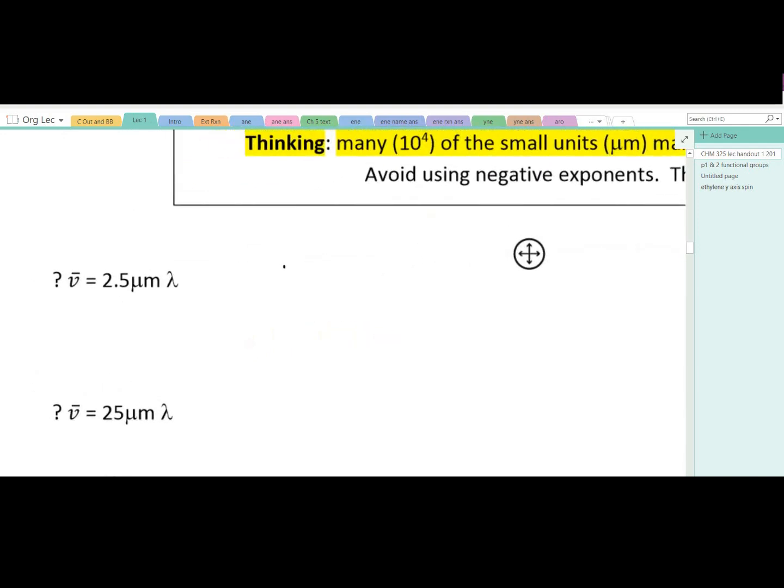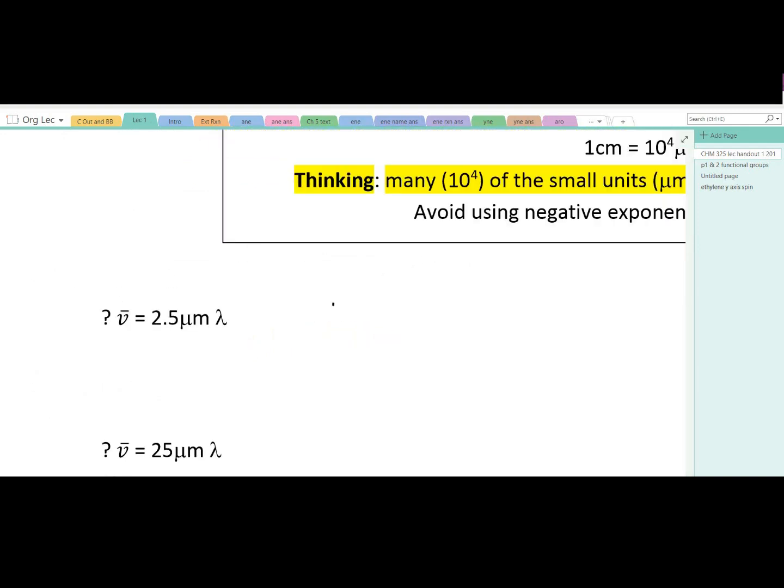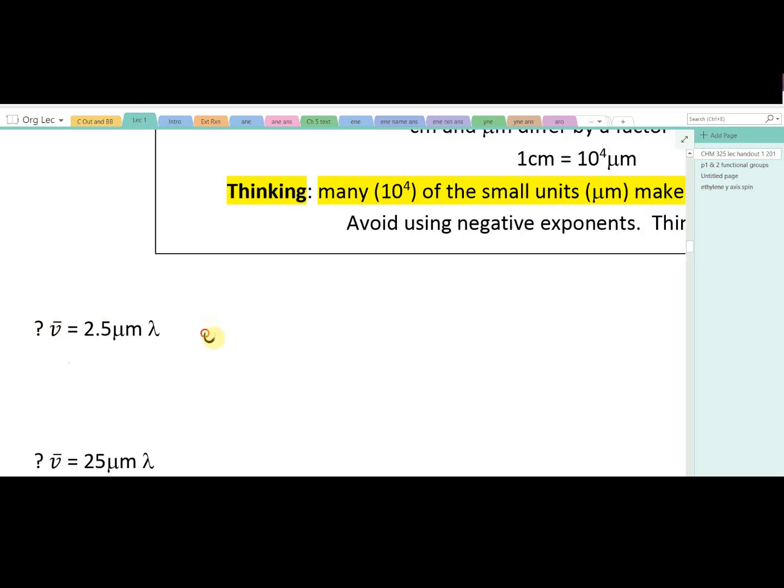Let's get some practice. Let's convert 2.5 microns wavelength to wave numbers. So we'll say the wave number corresponding to 2.5 microns is equal to 1 over the wavelength in centimeters, which is equal to 1 over 2.5 microns.